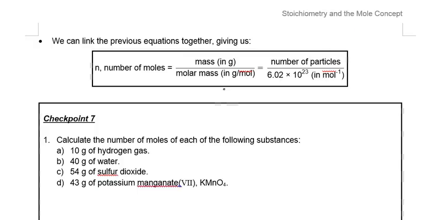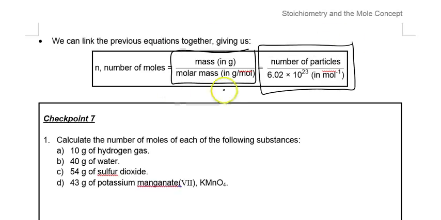And earlier we covered this first equation here, number of particles divided by 6.02 times 10 power 23, giving us number of moles. Mass over molar mass also gives us number of moles. So I can simply equate these two together, and I will have the combined equation here, which allows me to determine, say, the mass if I know the number of particles, or determine the number of particles if I know the mass. Right, so let's try checkpoint 7.